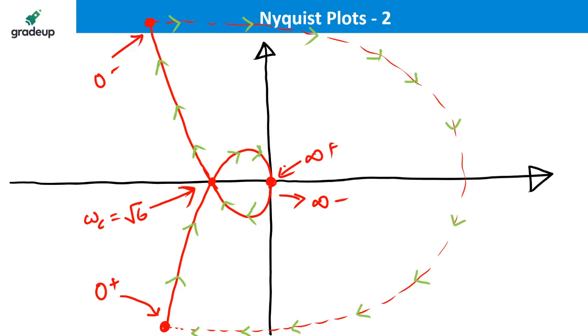This is the Nyquist plot completed for the given transfer function, right?